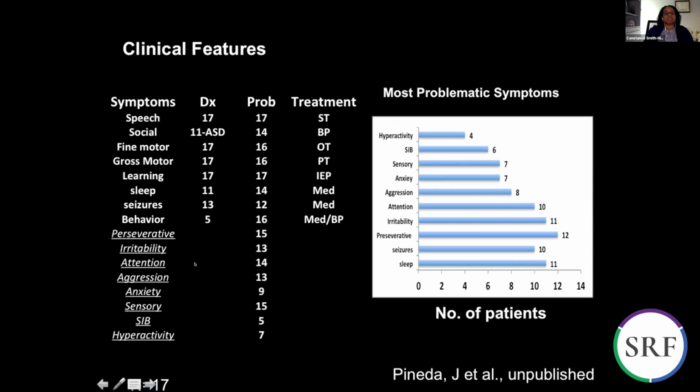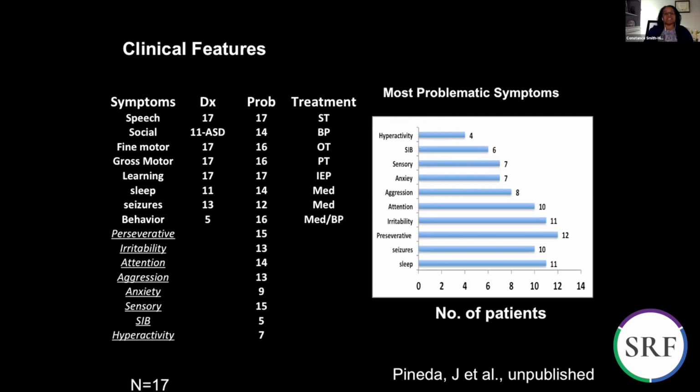Now, several patients in our study indicated that speech, motor delays, learning and behavioral challenges were pretty commonplace and certainly had a greater impact on quality of life. You'll note that 5 patients are reported here as being formally given a behavioral diagnosis.